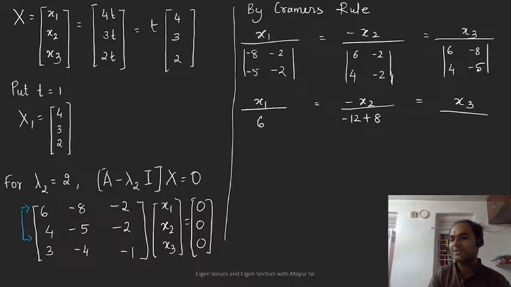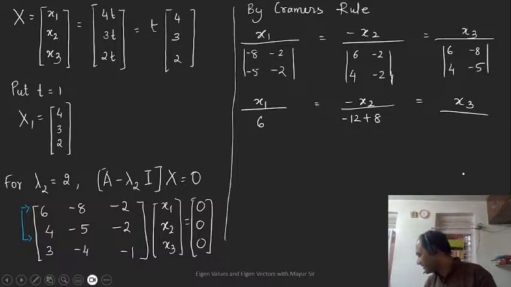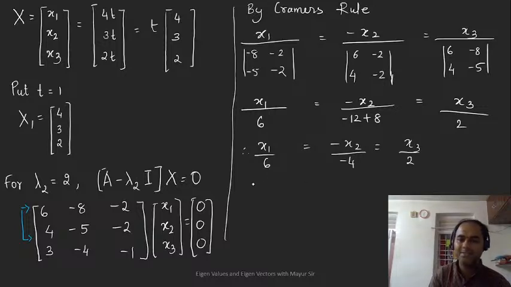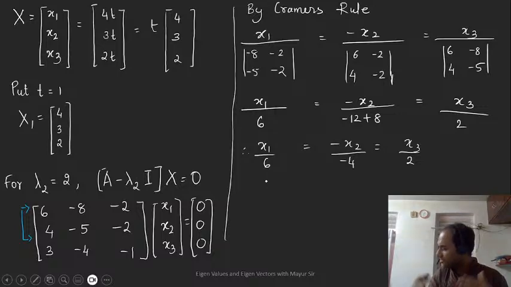So 6 into -5 is going to be -30, and here there is plus 32. So it is going to be 2. So you have x1 over 6, minus x2 over -4, and x3 over 2. So the final answer is, you reduce it as much as possible.